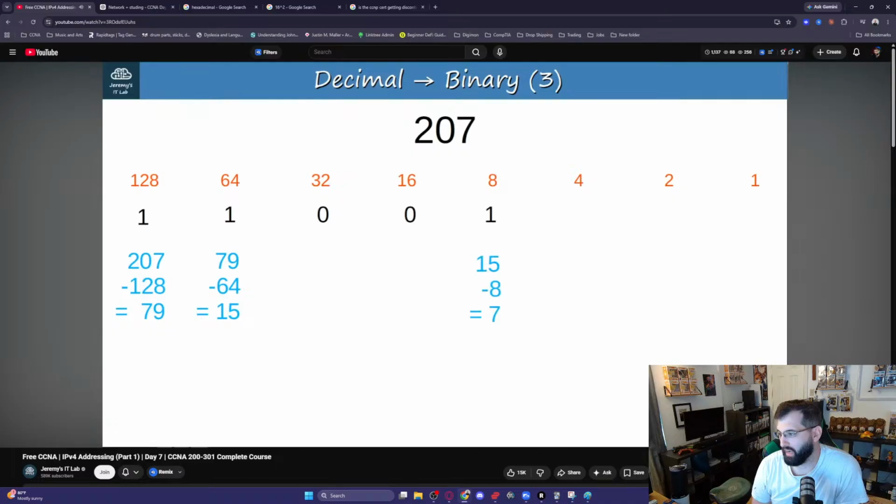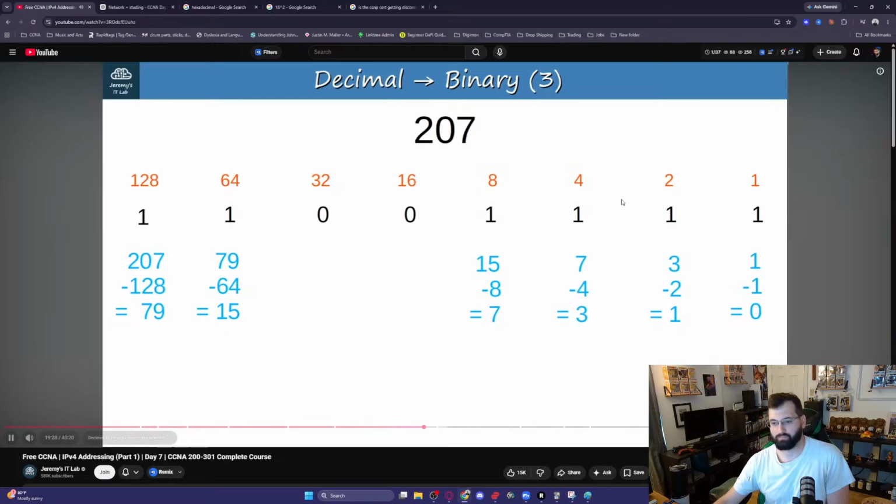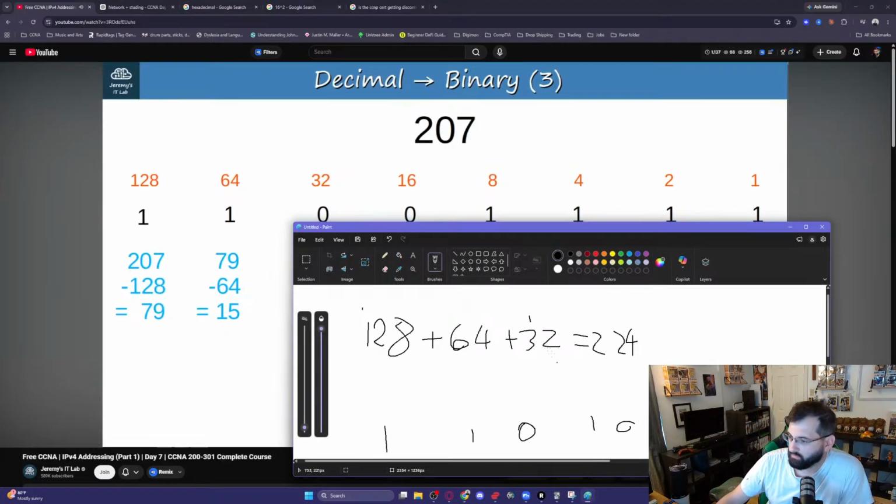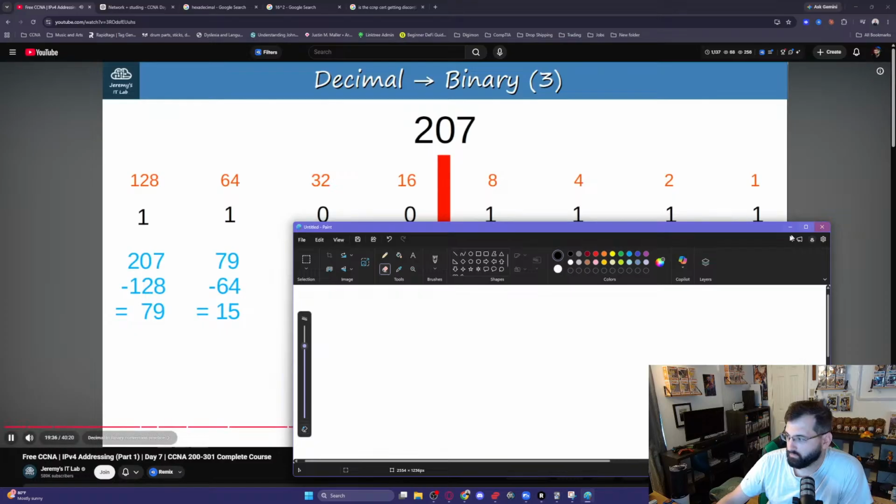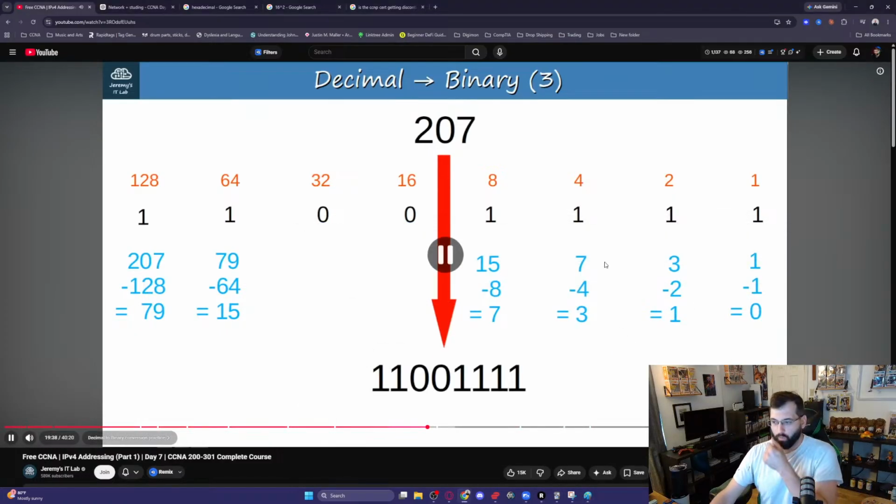Which means that's going to be 8, 4, 2, 1. Subtract 8 from 15 and write a 1 under 8. Subtract 4 from 7 and write a 1 under 4. Subtract 2 from 3 and write a 1 under 2. That's what I get for eyeballing it. And finally, subtract 1 from 1 and you get 0. There's the answer. Decimal 207 is equivalent to 11001111 in binary.